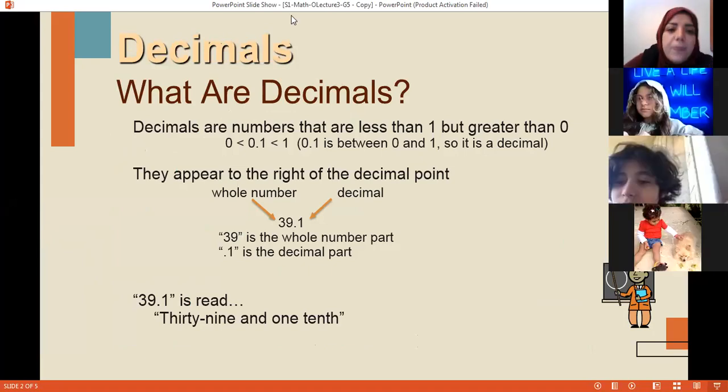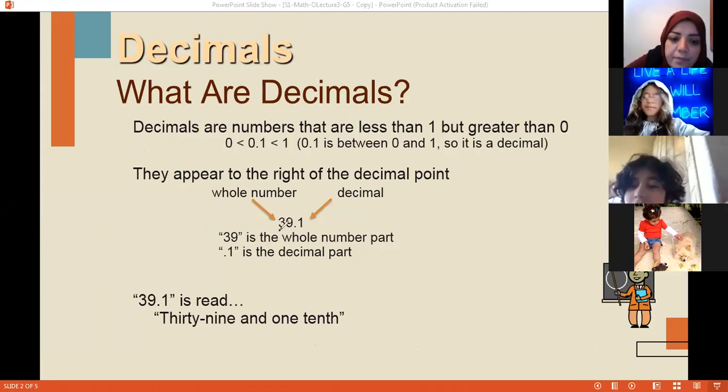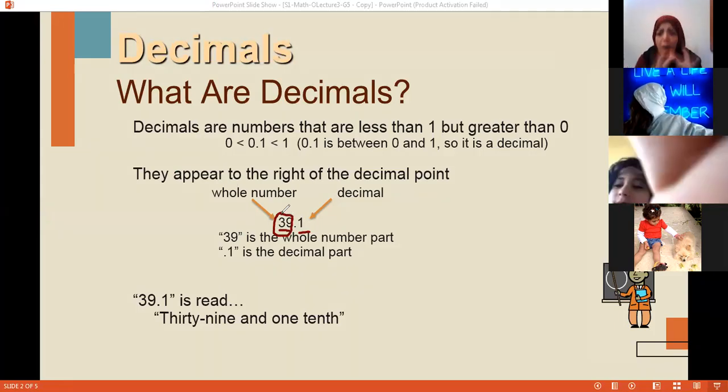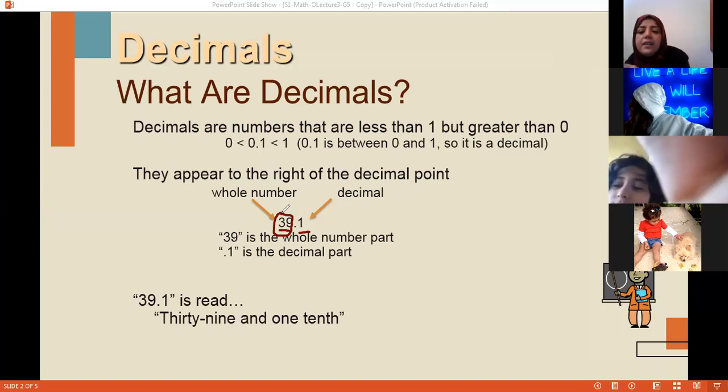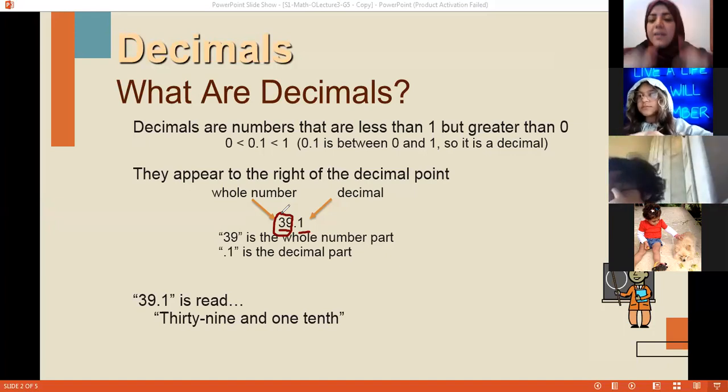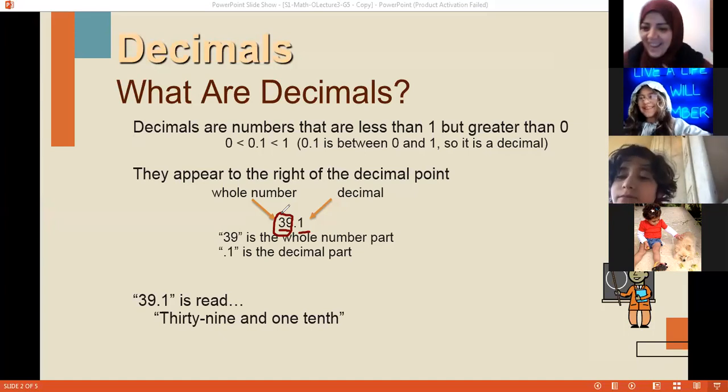So let us talk about the decimal. The decimal actually consists of a whole part and a decimal part. The whole part is to the left and it expresses how many whole things you ate. So for example, in this case, you ate 39 and a little bit because it's 0.1, right?